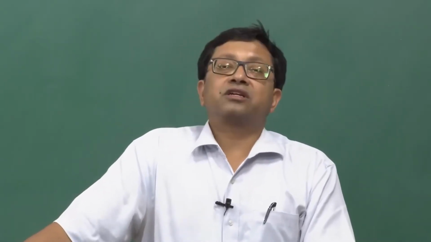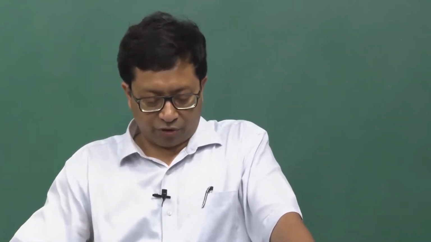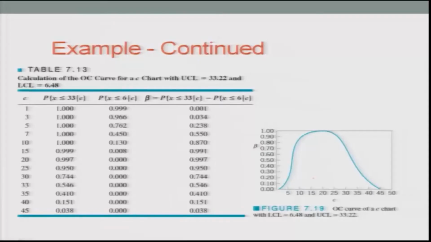This is considering the lower control limit. These probabilities are given as 99.9% till about 0. The difference between those in decimals gives you the fourth column, which is the value of beta. So the OC curve of a C chart with LCL as 6.48 and UCL as 33.22 is shown. You can solve it using the same concept as discussed.